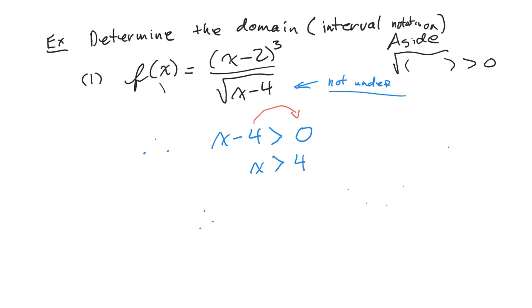So therefore, the domain, i.e. the x values that we can use on this function, are the interval starting at 4, open bracket, going to infinity. Now, if you're not confident doing the interval notation right away, draw your number line. So here's 4. There's my circle, and my points go this way. So now that I have that, I can easily go and create my domain calculation. So now let's do another problem.